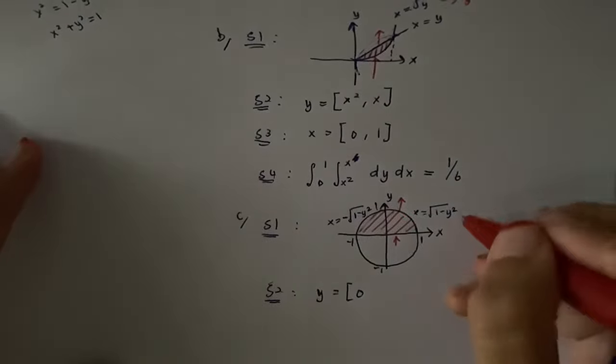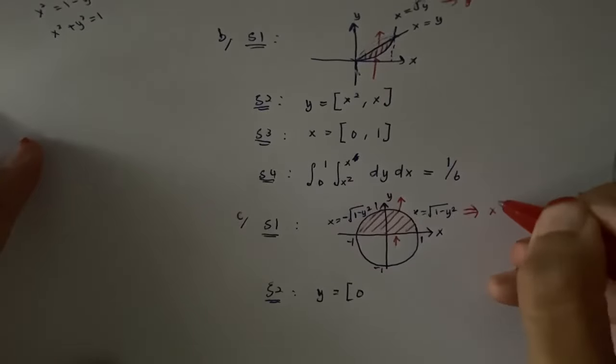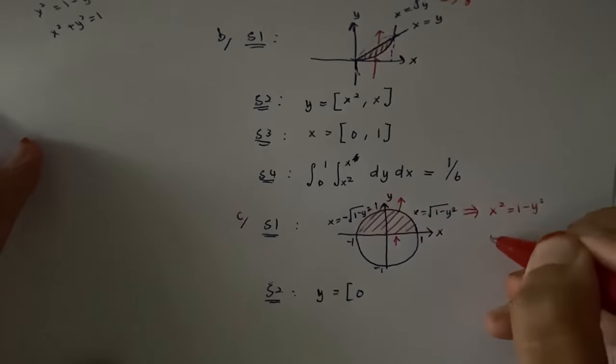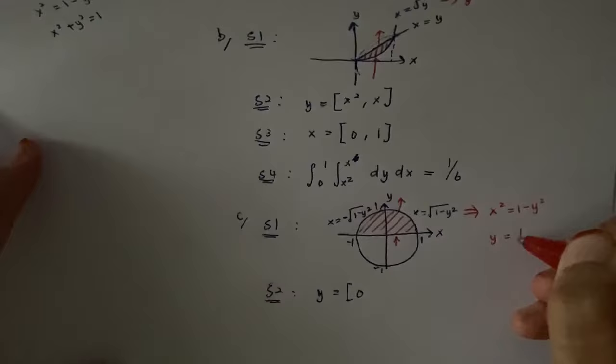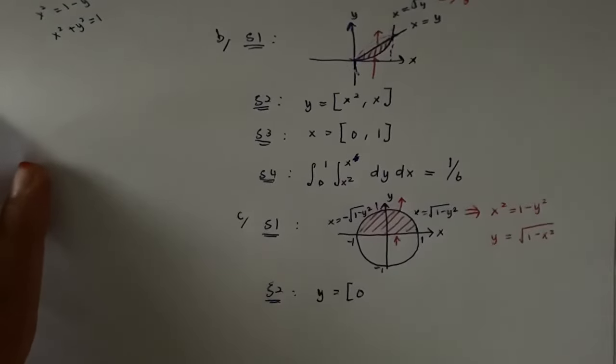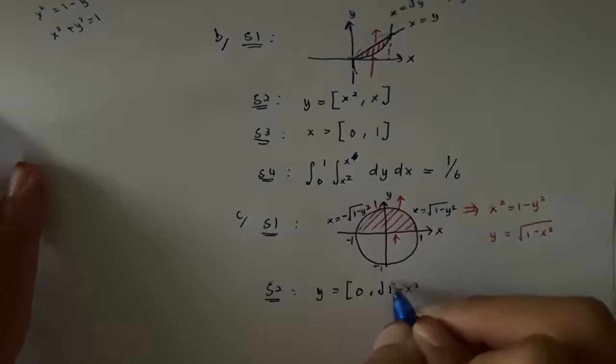So x square is equal to 1 minus y square, so y is equal to square root of 1 minus x square. So the upper limit is square root of 1 minus x square.